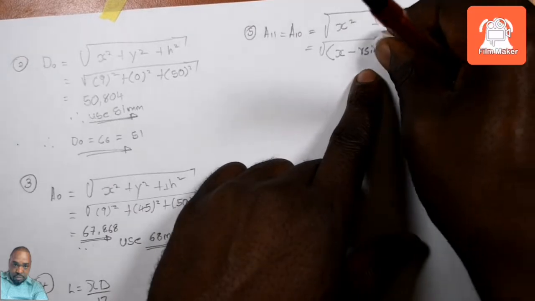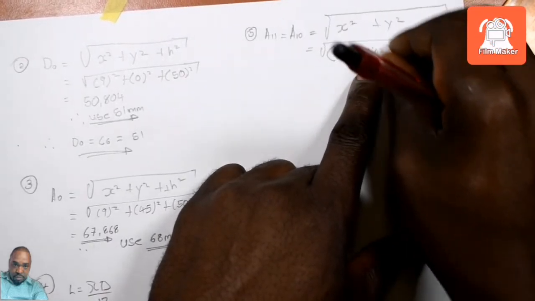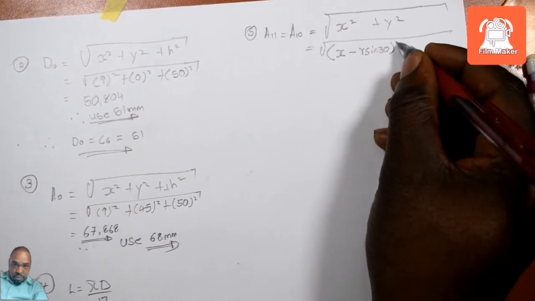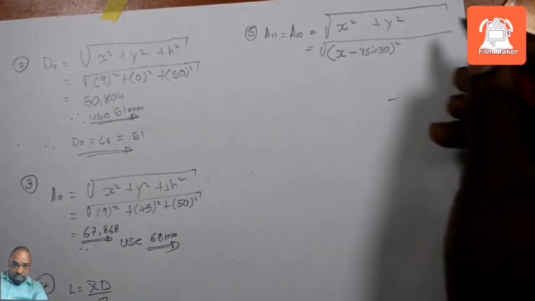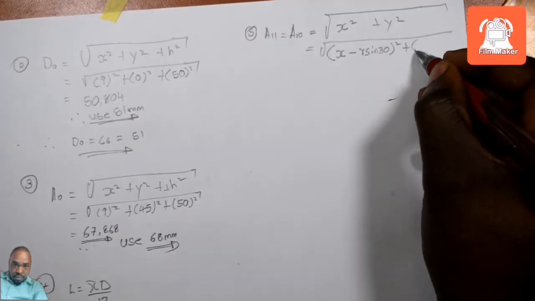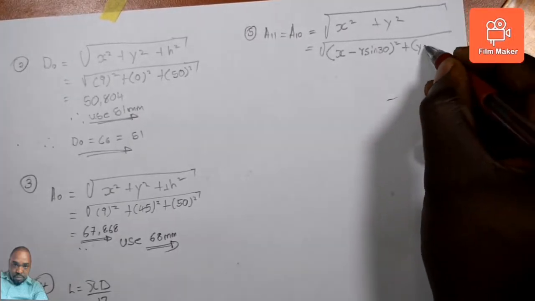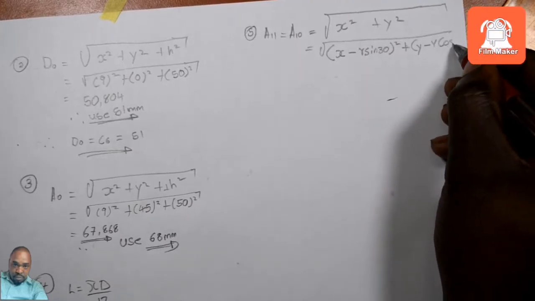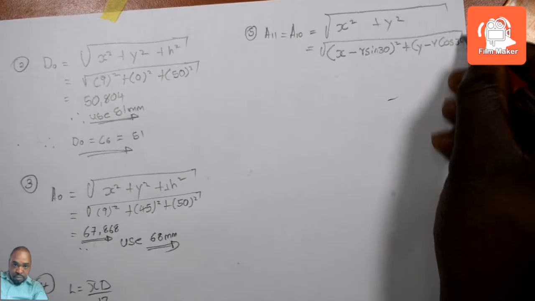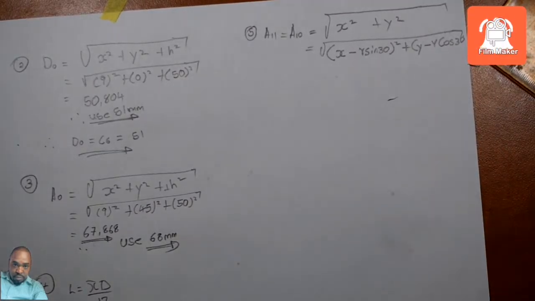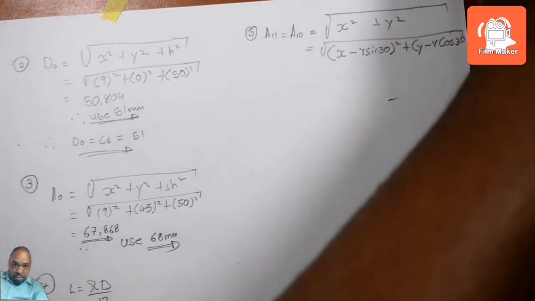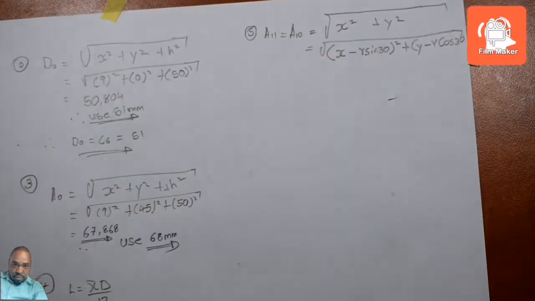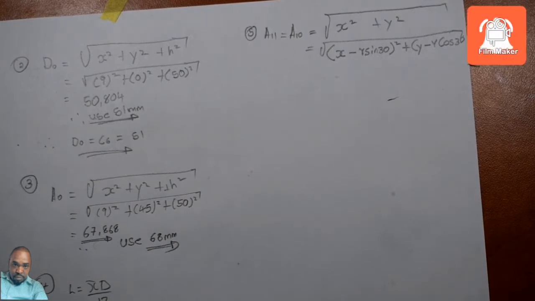And the theta, let's substitute it right from this step, sine 30 degrees squared. You understand? Then plus my y is going to be y minus small letter r cos 30 degrees. You understand? That's where majority of people get confused. Let me remove all this because my drawing table seems to be a bit small.